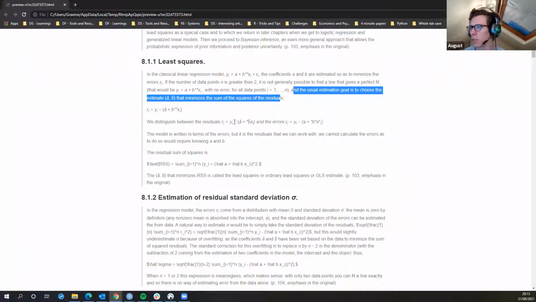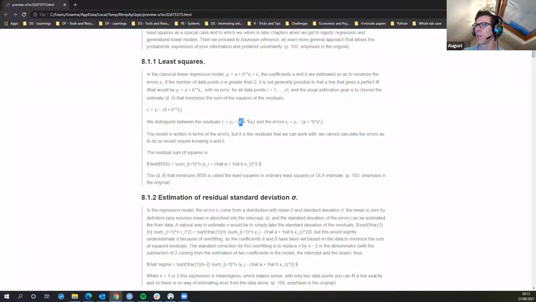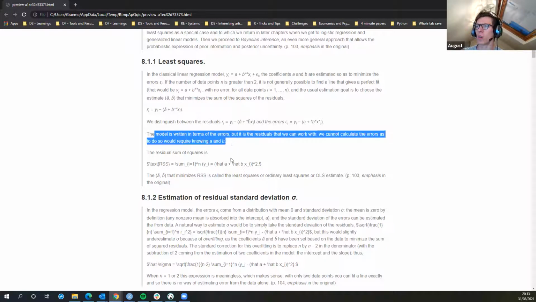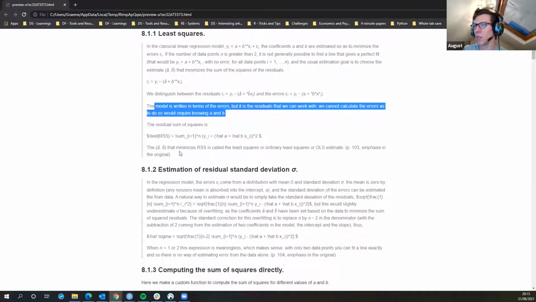I believe that's the difference, which is why you've got the hats on top of the intercept and the coefficient. The model is written in terms of errors, but it is residuals that we can work with. We cannot calculate the errors, as to do so would require knowing a and b exactly, which is essentially what we're saying you don't. The residual sum of squares: the a and b that minimize the RSS, that's called the least squares or ordinary least squares.